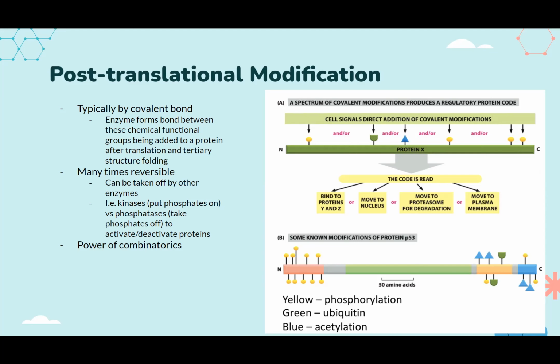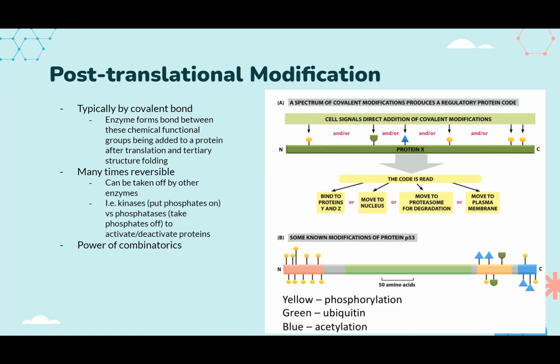One big example that we'll talk about time and time again in this class is kinases and phosphatases. Kinases are a group of enzymes that place phosphates onto proteins, sometimes to activate, sometimes to deactivate.